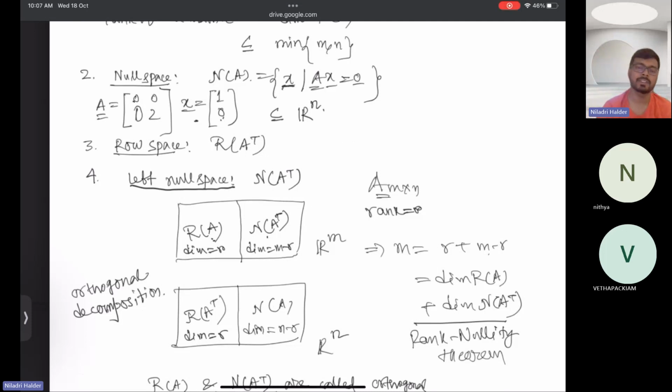So if vector x satisfies Ax equal to 0, then that x belongs to the null space. Then the row space is just the span of all the rows of a matrix, or the span of all the columns of the transpose of the matrix. So that is the row space. Then the left null space is just the null space of A transpose.